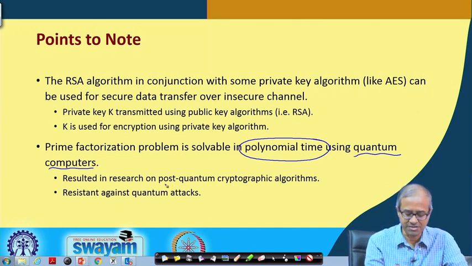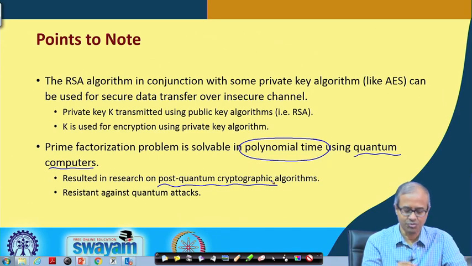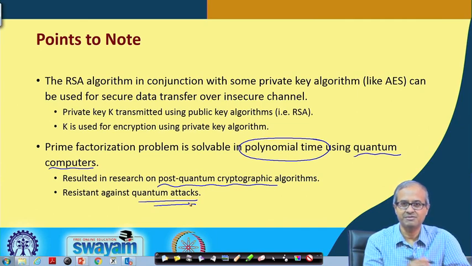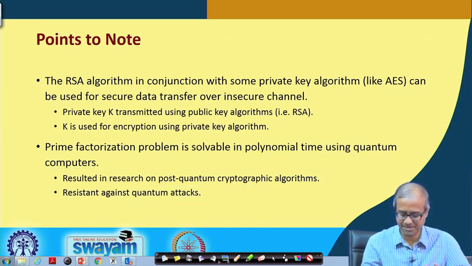So, there is a lot of research on something called post quantum cryptographic algorithms, which are supposed to be resistant against attacks using a quantum computer, quantum attacks. Some of the companies have already come up with some protection against this kind of quantum attacks. So, they are already upgrading their encryption decryption infrastructure using these methods.